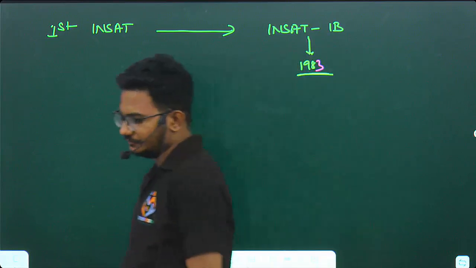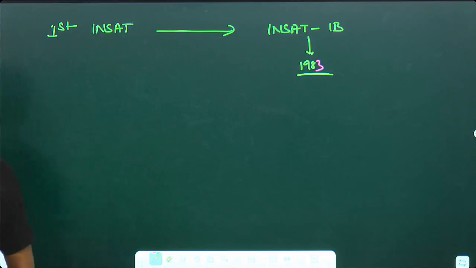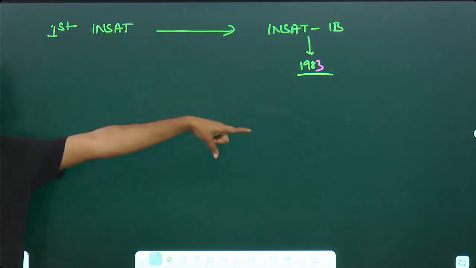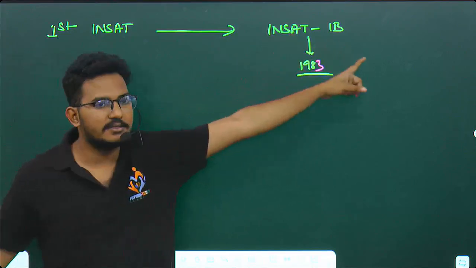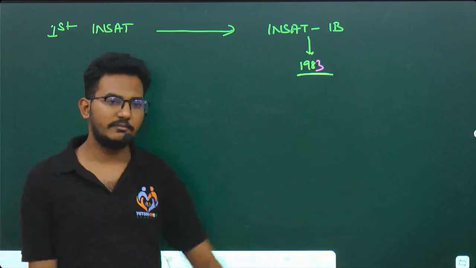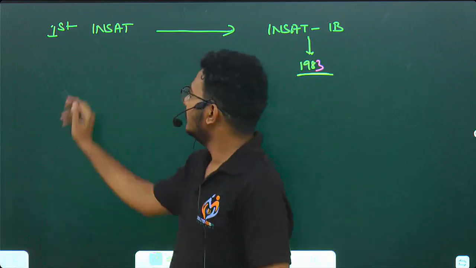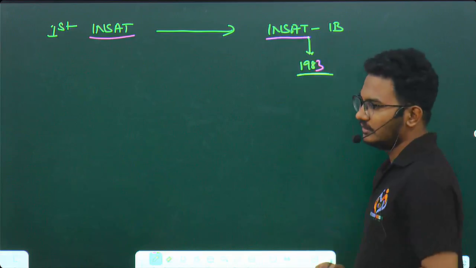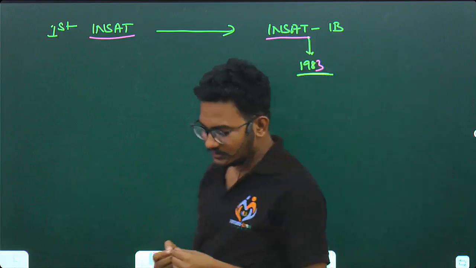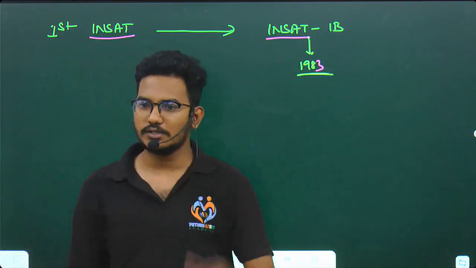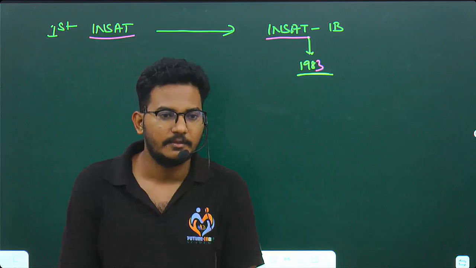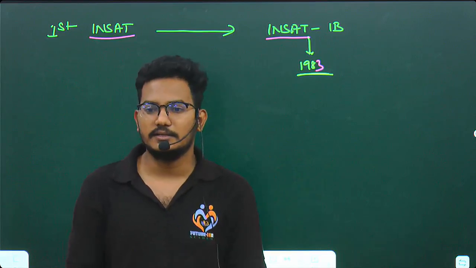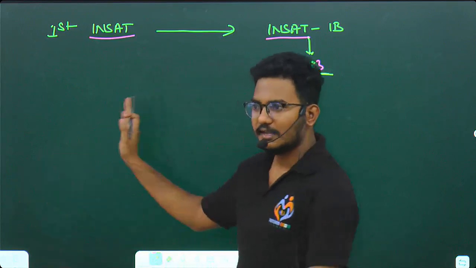So the first INSAT satellite launched by India is in the year 1983, and the satellite name is INSAT 1B. Now tell me, here the name is INSAT. Using our technology or using foreign technology have we launched this satellite? Using foreign technology. That's the reason we are calling this INSAT.